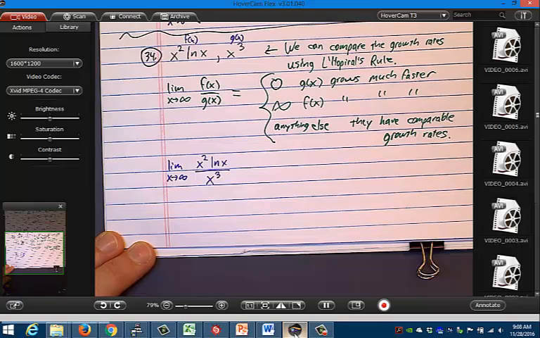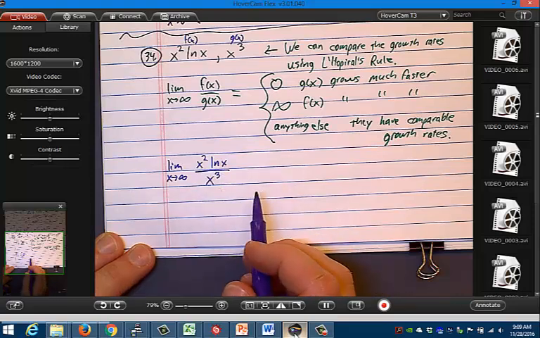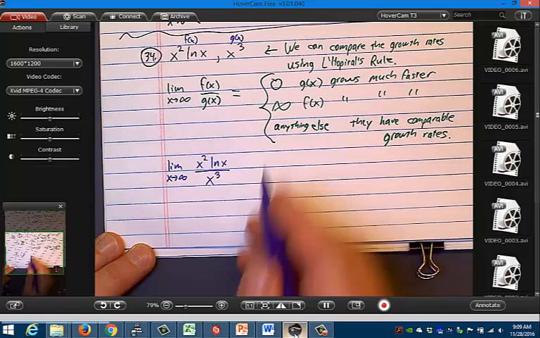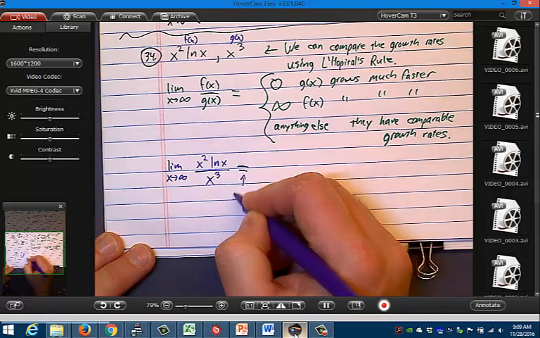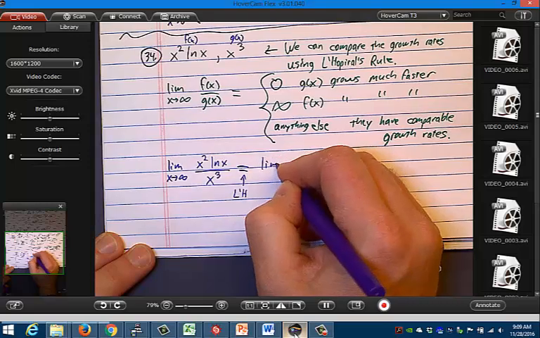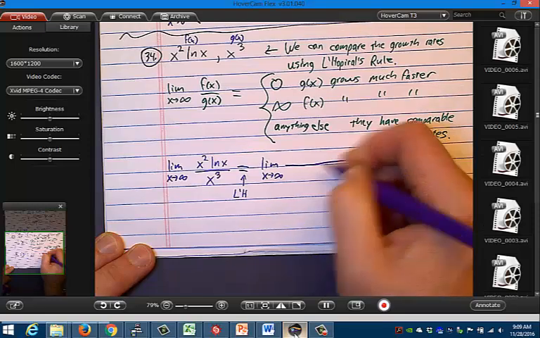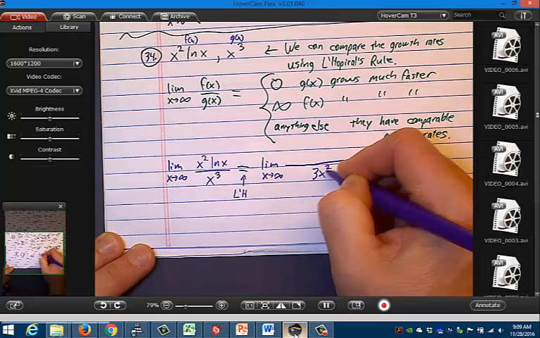Right now, by the way, if you plugged in infinity, whatever that means, you would get infinity over infinity. This is the infinity over infinity form. And so I can use L'Hopital's rule. So I'll just put a little LH here. Now I have the limit as x approaches infinity. Denominator's easy, 3x squared. Numerator not so easy, because what rule do I have to use?